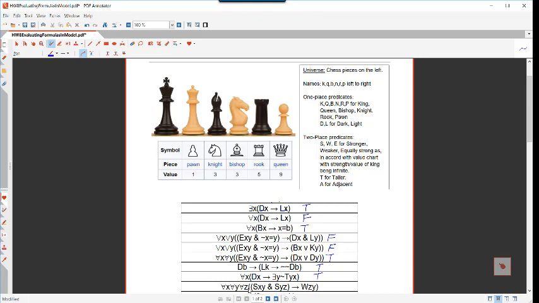So the last one in the first column, for all x and for all y and for all z, if x is stronger than y and y is stronger than z, then z is weaker than y. Now, this is something that you might want to say is a necessary truth by virtue of the meanings of stronger and weaker, and that's actually correct.